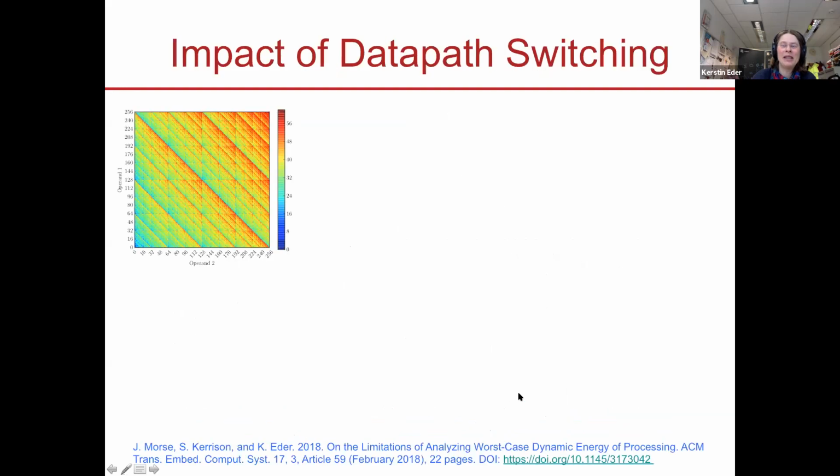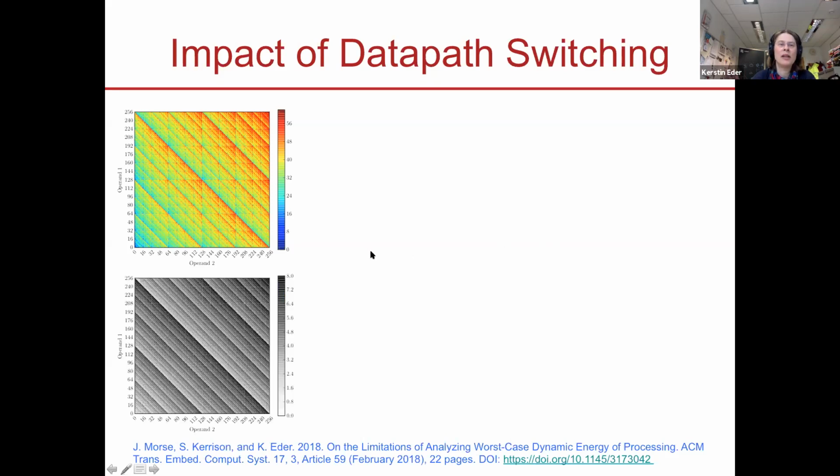Okay, so in this paper we made another interesting observation, which I'd like to share with you. Okay, so this is an add instruction, and we've seen this picture before. We see the dynamic power of the add instruction in milliwatt for exhaustively using 8-bit operands as operand 1 and 2. Now, if we look at the data path, the cost that is not associated with the computation, but actually the data path switching, then we can make an interesting observation.